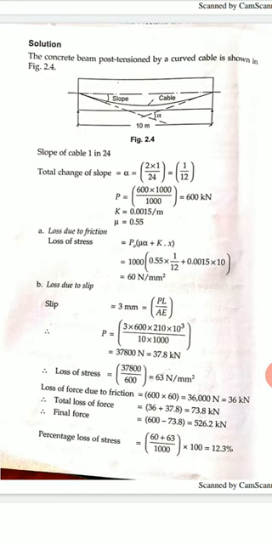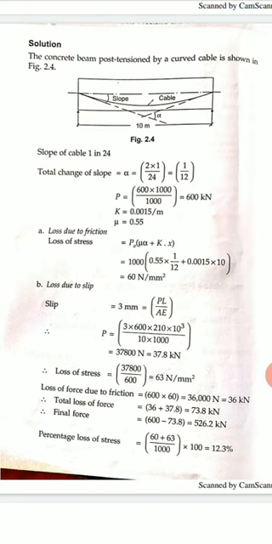Mu value is 0.55, alpha is 1 by 12, K is 0.0015 and X is the length. Here in this case X is equal to L because jacking is done from one end. Therefore in place of X we are substituting the value 10. So we get loss of stress due to friction as 60 Newton per mm square.